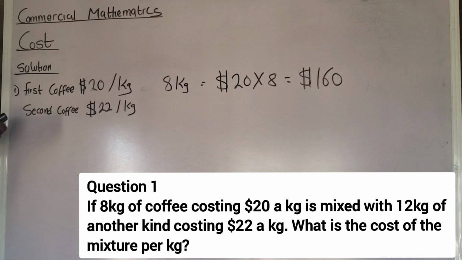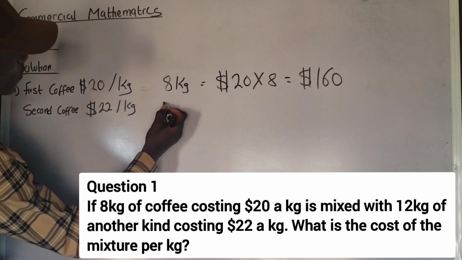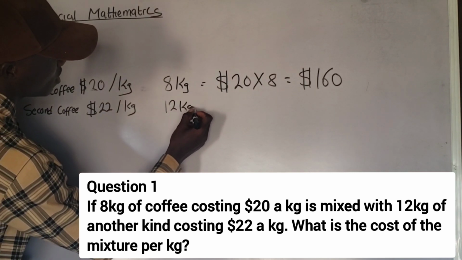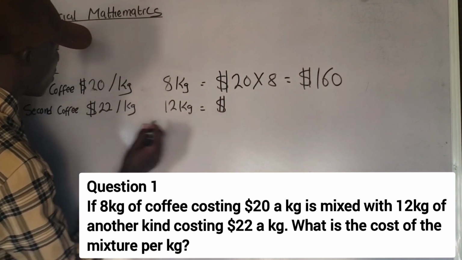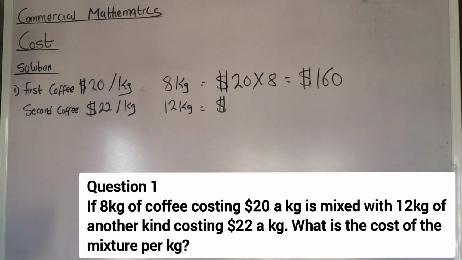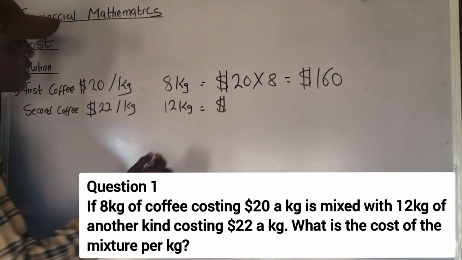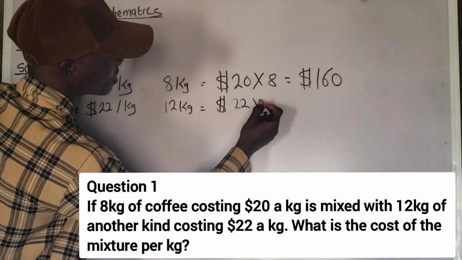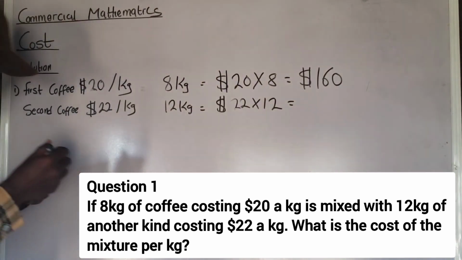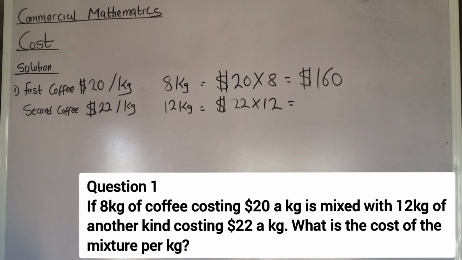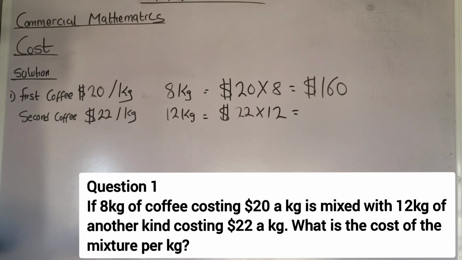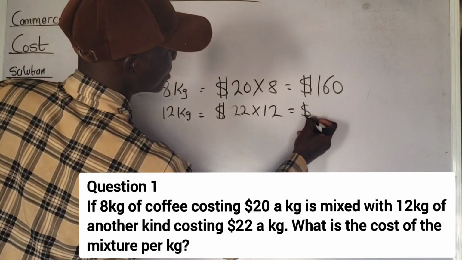We are told that it is mixed with 12 kg. So 12 kg will be equal to, since the price per kilogram for the second coffee is $22, $22 multiplied by 12. That will give us $264.